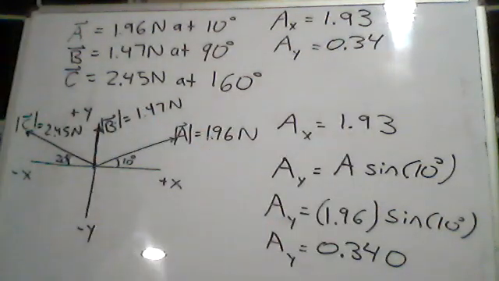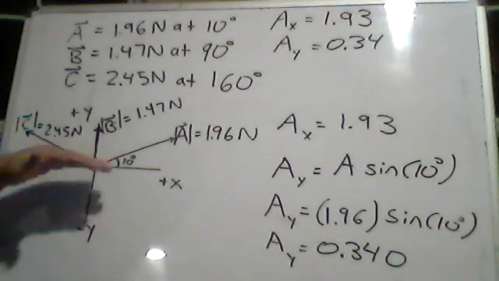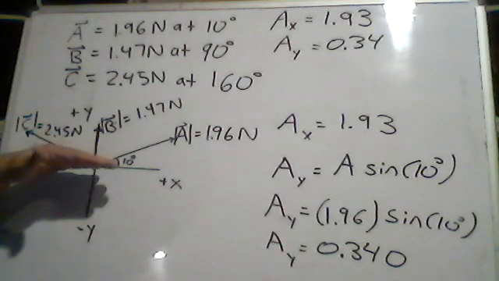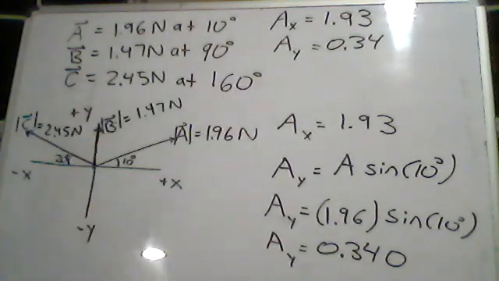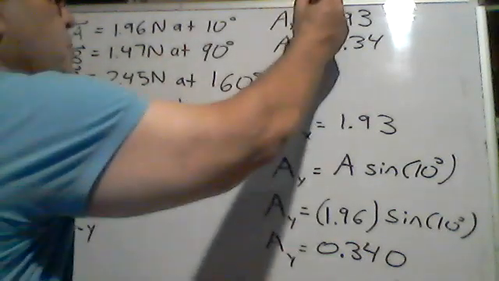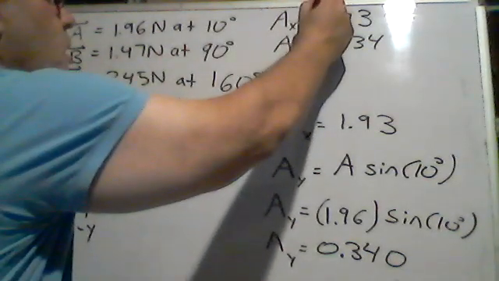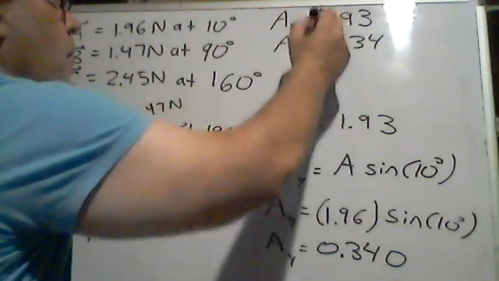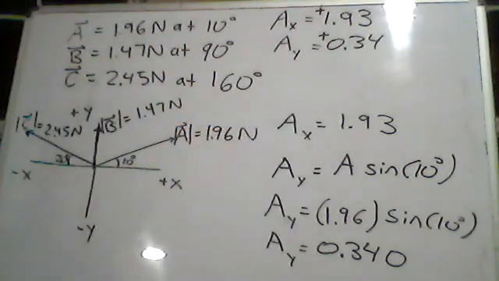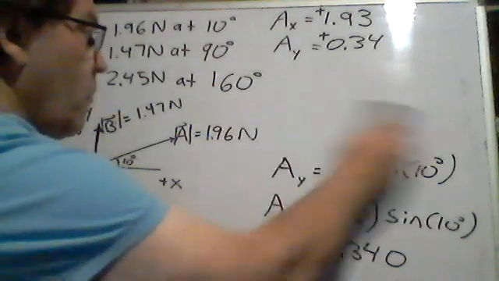Okay, so that's what I have. And at this point, I can assign signs to them. Well, it's a first quadrant vector, so it has a positive x and a positive y, so these are both positive numbers. So I can be explicit about that if I wish and say that these are positive. All right. Okay, so I'm done with A.